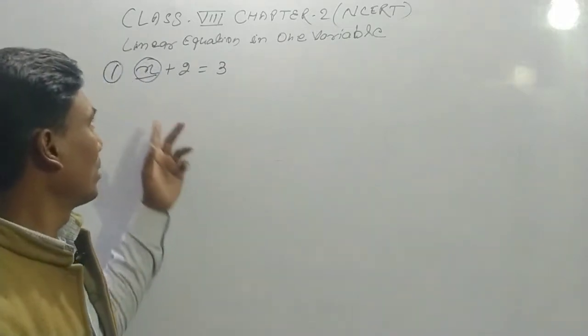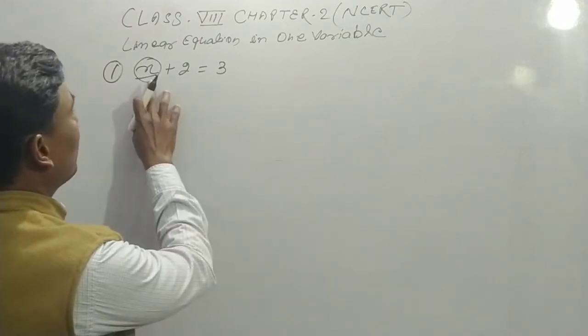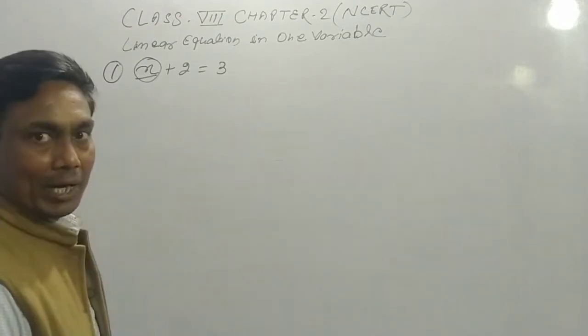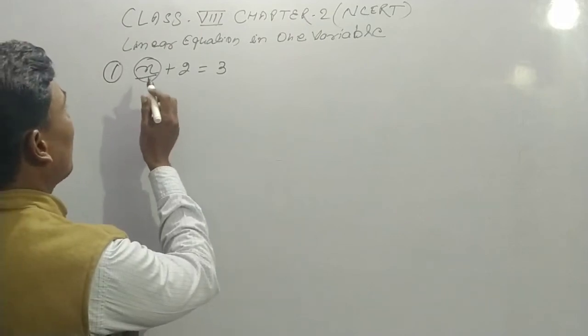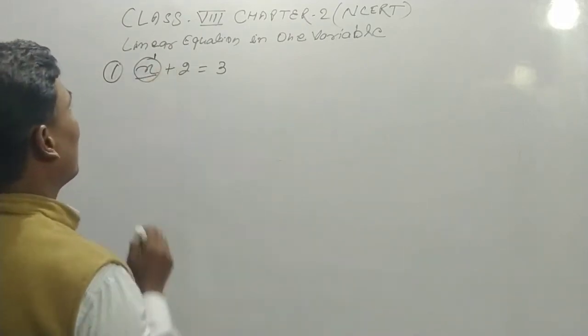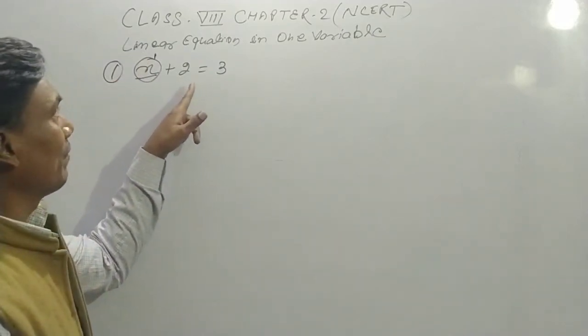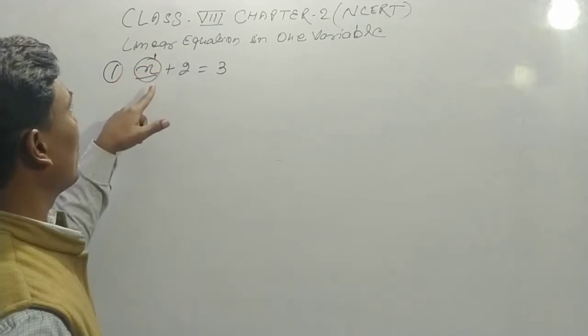But we are talking about this equation. This equation has one variable, and the highest power of the exponent is nothing but 1.